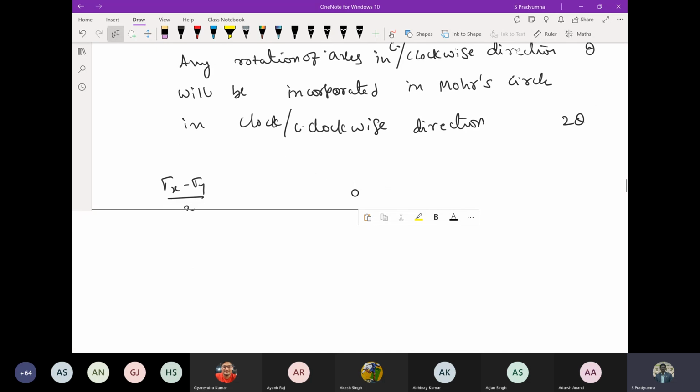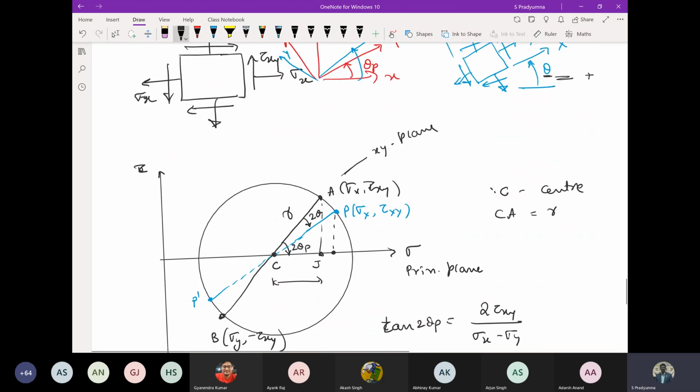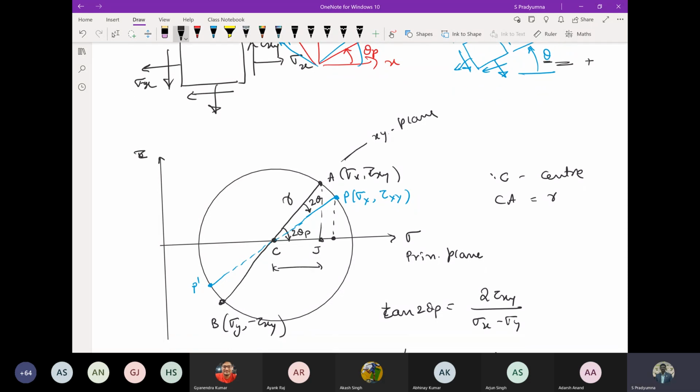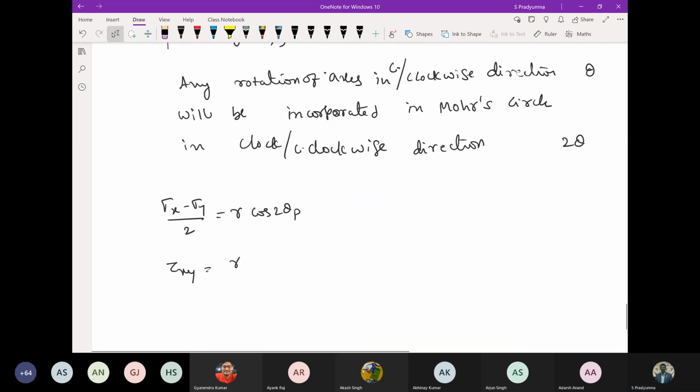That is equal to R cos 2 theta P. And similarly, tau xy is equal to R. What is the value of tau xy in terms of R? Let us only concentrate on point A. R sin 2 theta P.